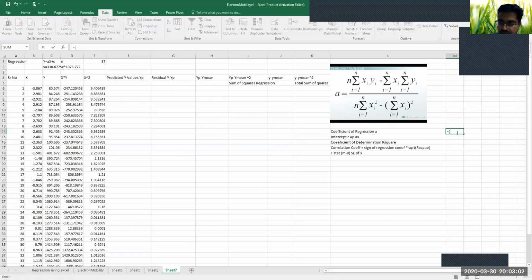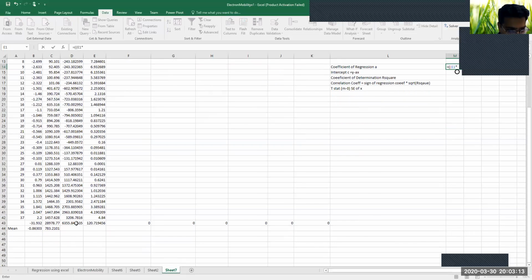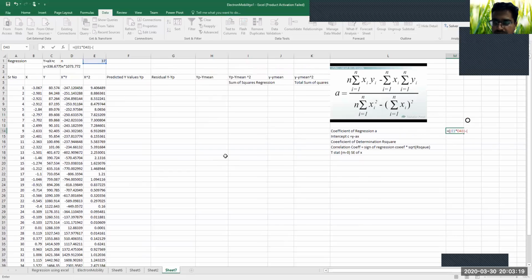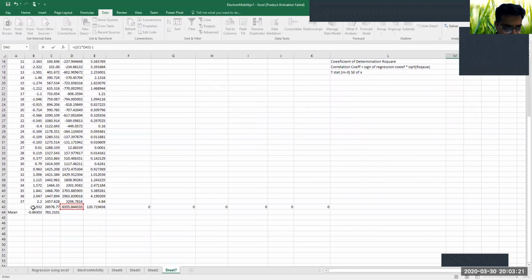So this is equal to, we'll first do the first term. So it is 37 into summation of xy. So summation of xy, we get it here. So we get the first term minus summation of x into y. So this is x into y.